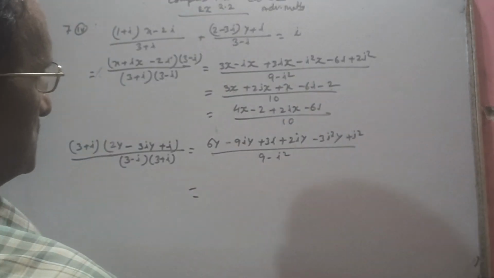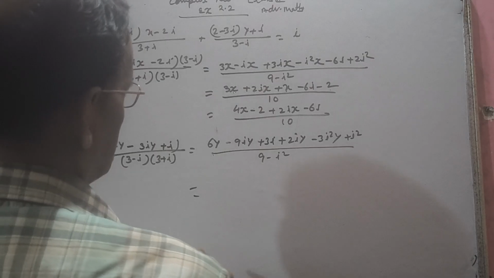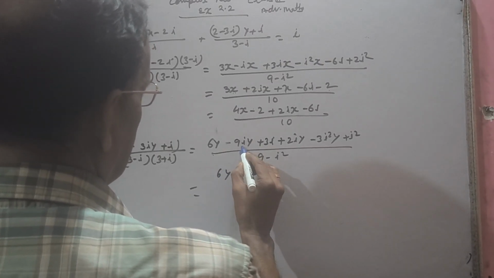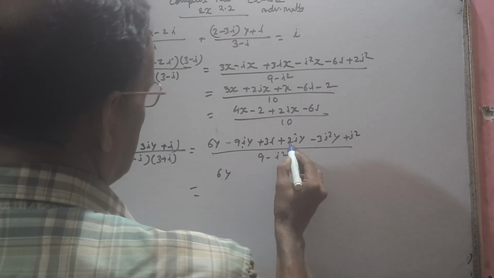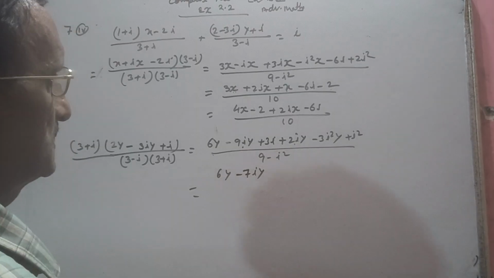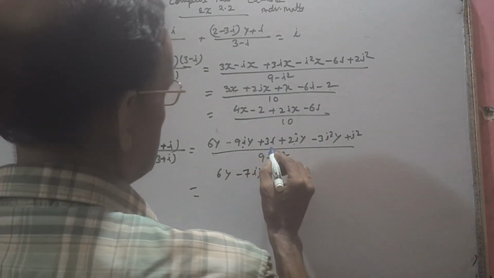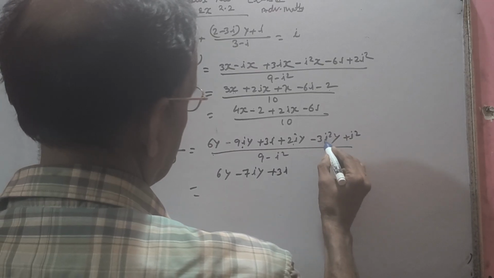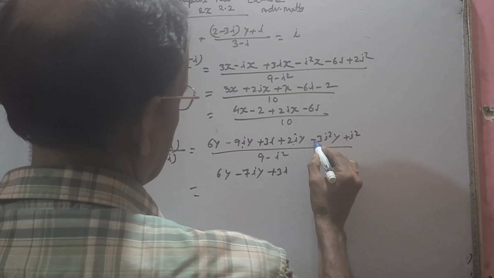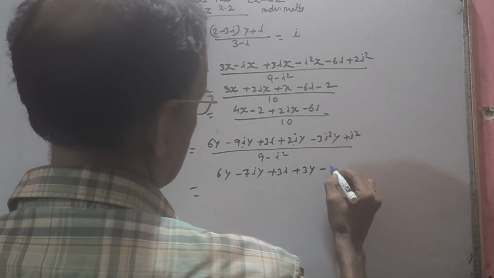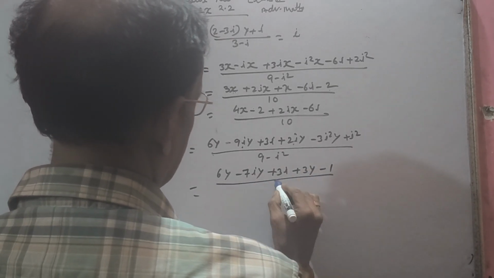Okay. Now simplify as much as possible. This is 6y, this is minus 9iy plus 2iy, minus 7iy. Okay, this is plus 3i. What will be here? i squared minus 1 minus 3 plus 3y.